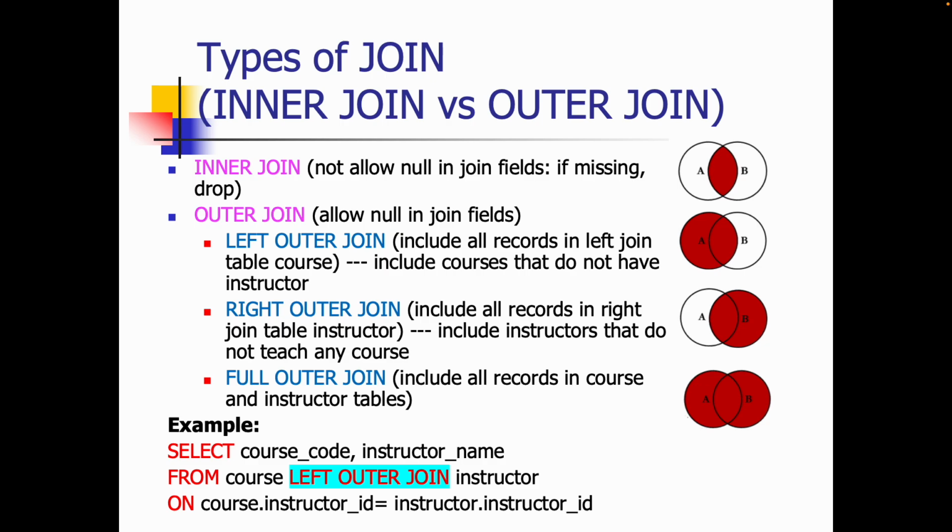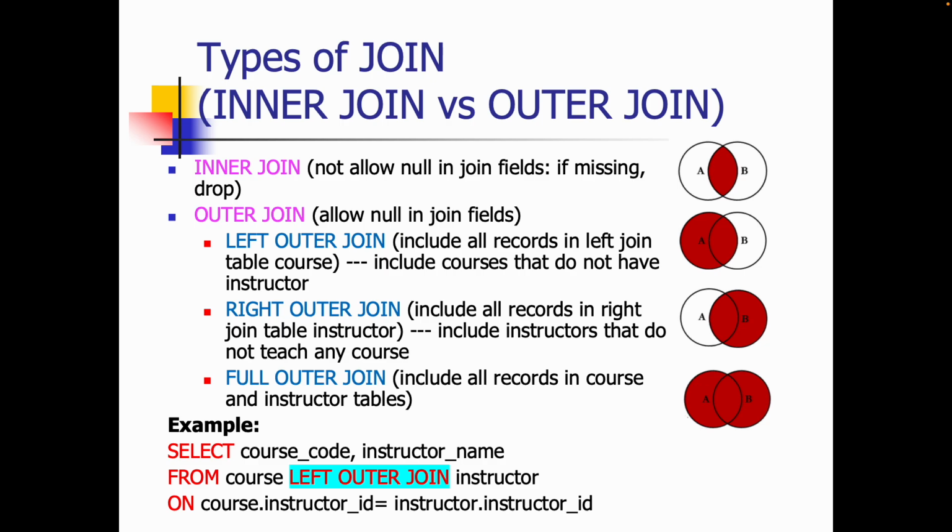But if you use course join or course inner join instructor, it doesn't return this. It only returns those values that are matched in both tables and ignores all the nulls. What if you write left outer join or left join here? If you write course left join instructor, it means you want everything from the left table, which is the course, right?